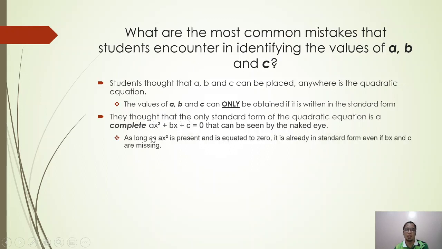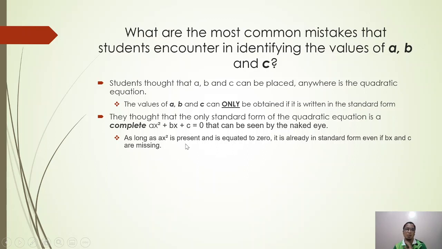Pero yung katotohanan, as long as ax squared, tandaan ulit natin na yung a, b, and c, these are all real numbers. As long as ax squared is present, so hindi siya nawawala, and is equated to 0, ibig sabihin yung nandito sa right side natin ay 0, it is already in standard form, even if bx and c are missing.